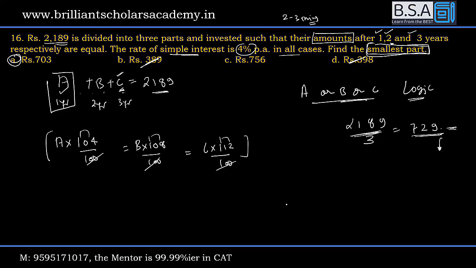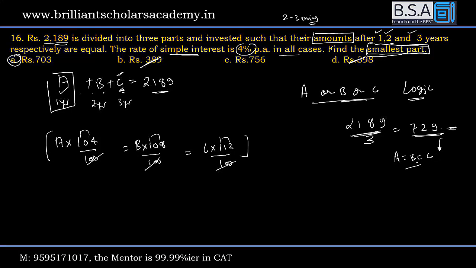C is the smallest number, but A, B, and C will be very close. Look at the money: 2189 rupees divided by 3 is 729 point some decimal. If A equals B equals C, I will have 729. I need a little smaller number than that.